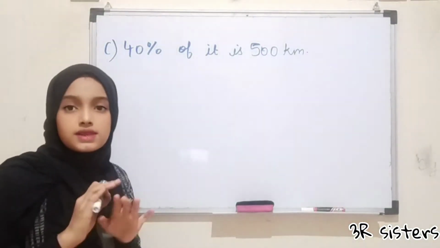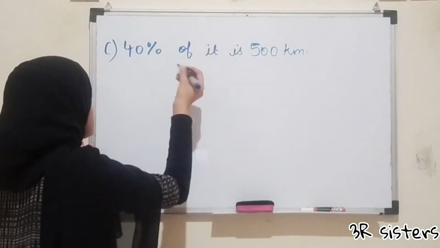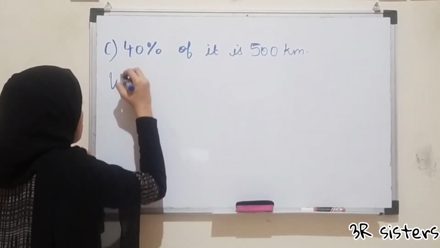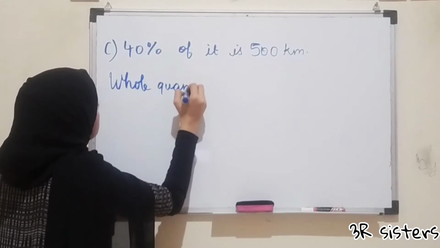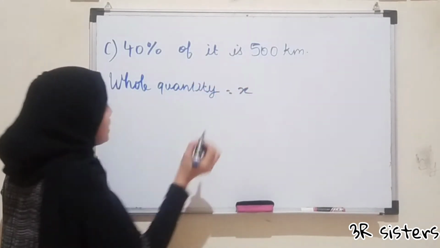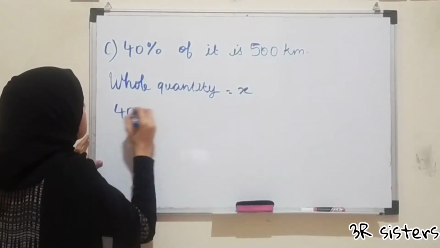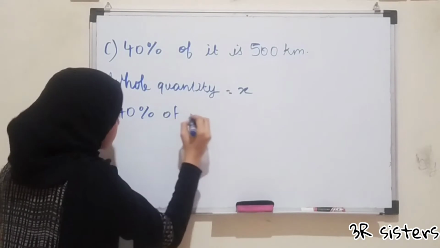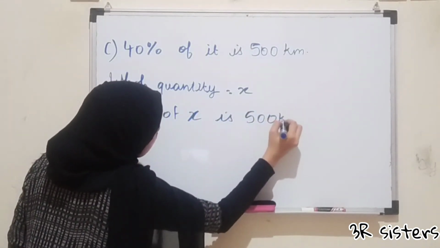Well, using the same method that we used previously. Okay, so what will we do first? First we will write whole quantity. Whole quantity is equal to x. Okay, now the question will change into 40% of x is 500 kilometer.